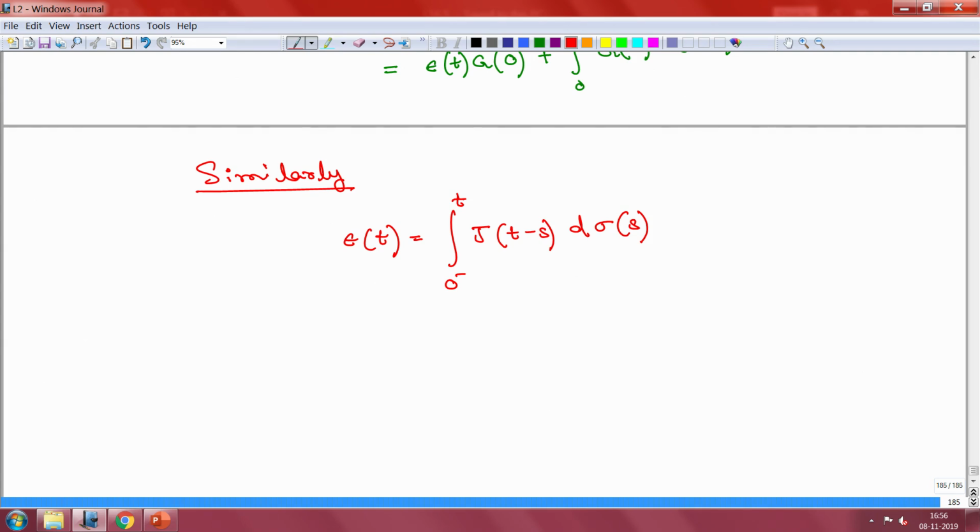So, the way you argue you can get this, and this is going to be equal to sigma 0 J(t) plus the integral from 0 to t of J(t minus s) sigma dot(s) ds. Yeah, and you can again switch the order of these just like the previous case, right.